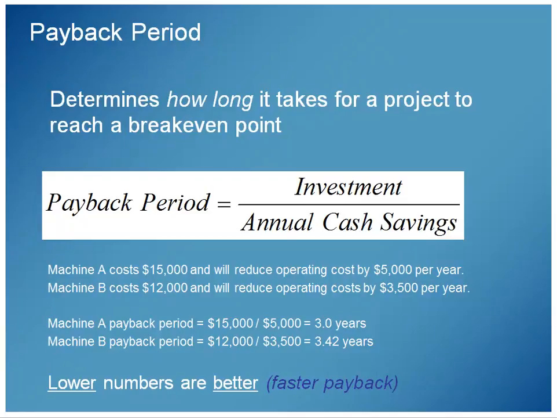So A has a faster payback period, and therefore it's the better option of the two. It's a better investment to spend $15,000 up front and save $5,000 a year than it is to spend $12,000 up front and save $3,500 a year.